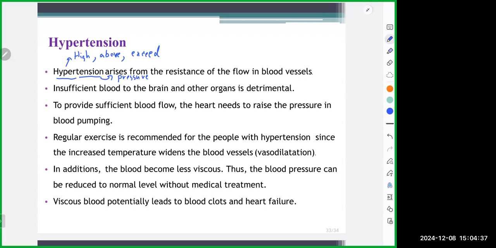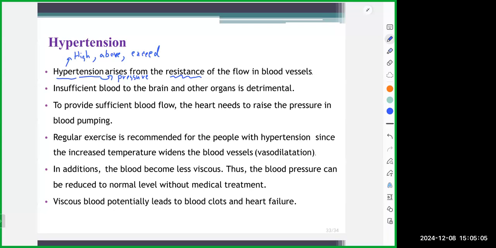High pressure. The hypertension arises from resistance in the flow in the blood vessel, which means that there is something that blocks the blood circulation. So the heart tries to pump more and more. In some cases, the blood cannot go to some cells.